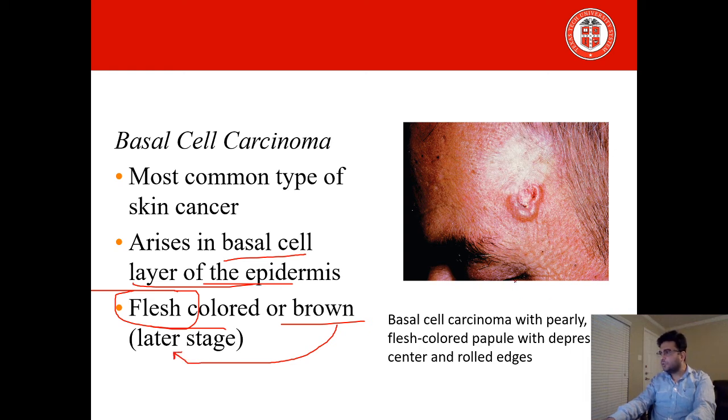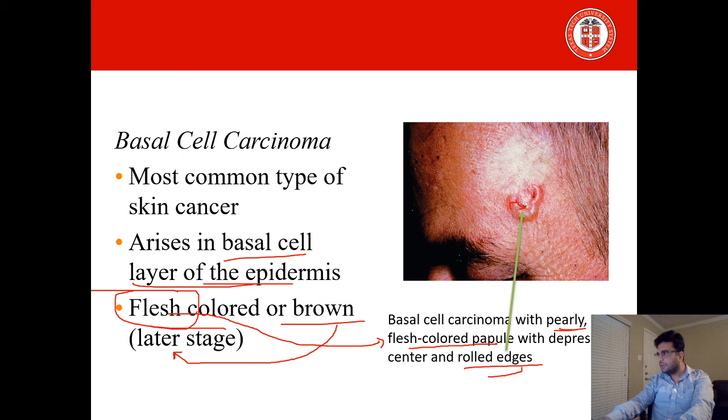And it has two very specific features. It's pearl shaped, that is when they talk about this whole shape, flesh colored, and that's the one which is the early stage, maybe brown if it's a later stage. And the two important things: it has rolled edges. So you can see that these edges are rolled like this.